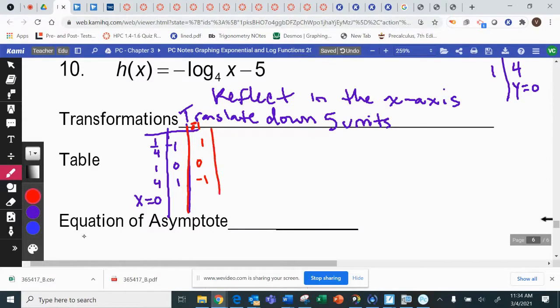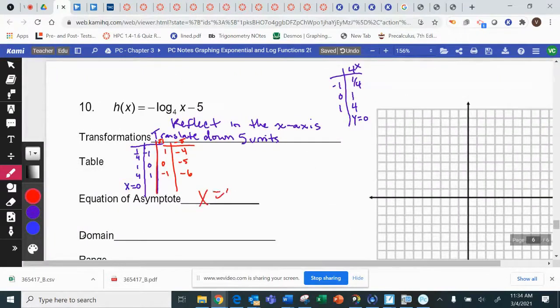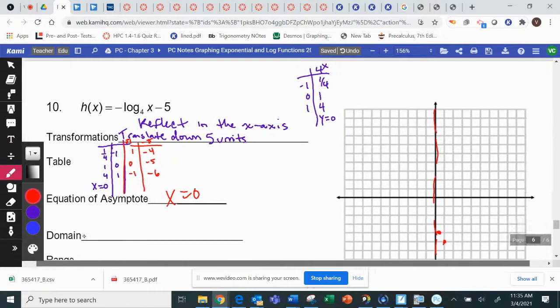Does not. So then I'm going to subtract 5 from each of those. And we can graph. (1/4, -4), (1, -5). And then 4 is -6.